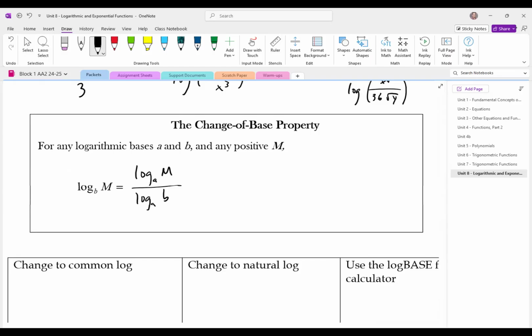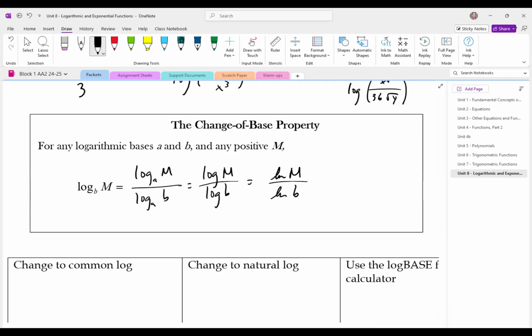So I've chosen A, but we could also choose common log, which would look like log of M over log of B. I just happen to choose the specific one, base 10. Another special one we could use would be E. So we could use ln. So this would just be ln of M over ln of B. A lot of people get confused about which one goes on top.